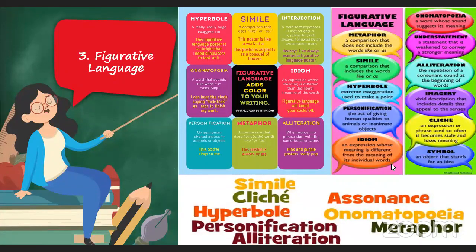As you can see on your screen, there's actually a whole lot of figures of speech, okay? So you don't need to stress about knowing all of them now. You'll get to know them as you do poetry and according to your grade level, okay? As you do more poetry and get to other grades, you will learn more about the figures of speech. But I'm sure you do know the most popular ones.